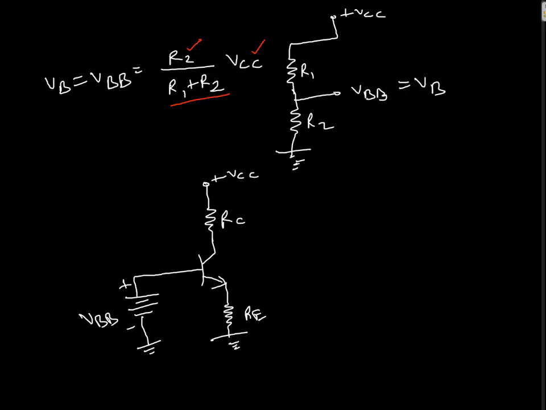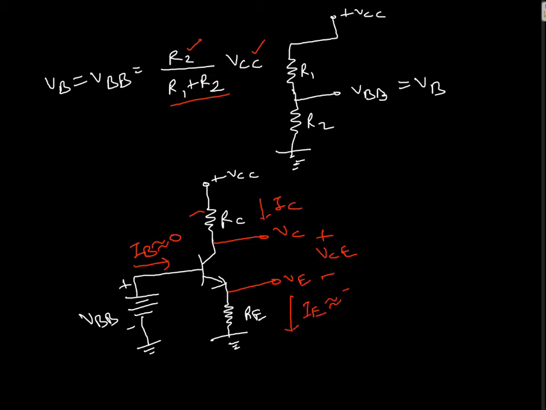And here we have assumed that this current is IB, which is nearly equal to 0. This is the same old IC. This is VC. This voltage is VE. And the voltage between these two terminals is VCE. This is the IE current, which is the same as the IC current.